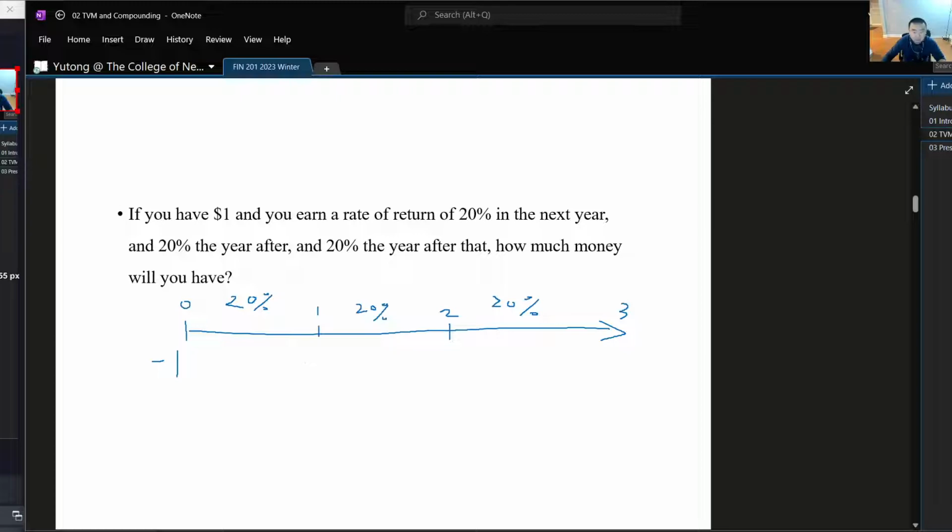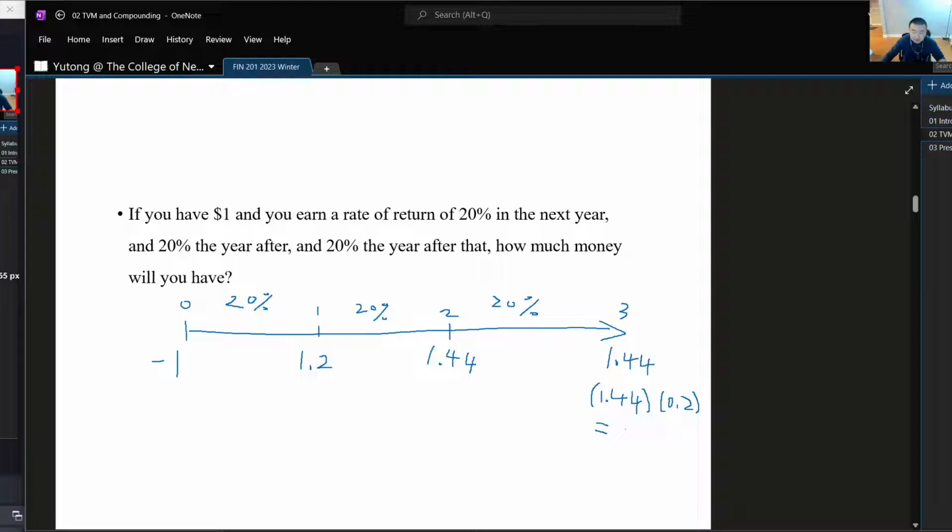In year 0 we spend $1. At the end of year 1 we have 1.2. At the end of year 2 we have 1.44. At the end of year 3 we're going to begin with 1.44, which is the principal at the beginning of year 3, and we need 1.44 times 0.2, 20% interest.